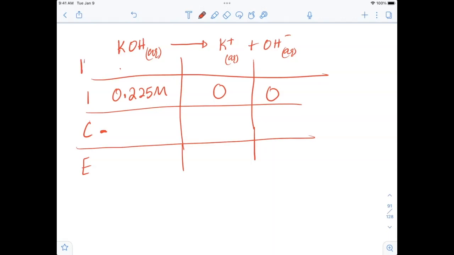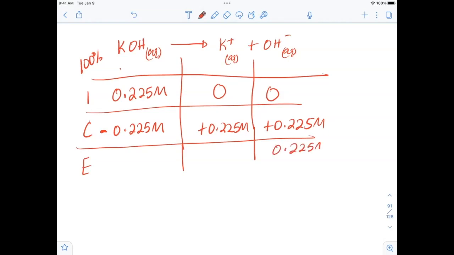This is a strong base, so you're going to have 100% ionization, 0.225 molar plus 0.225 molar plus 0.225 molar. Add these right here. 0.225 molar, 0.225 molar. Okay, this is going to be 0.